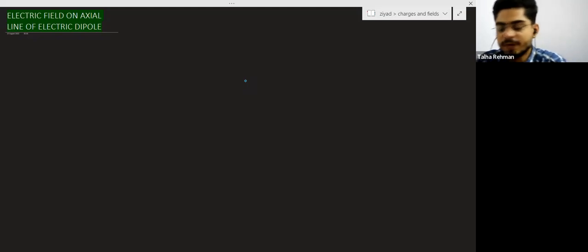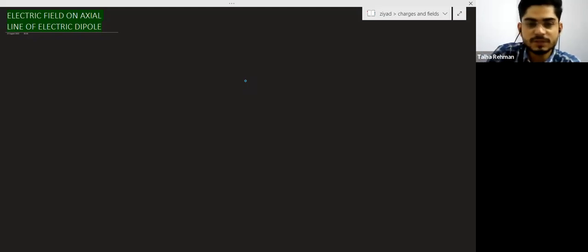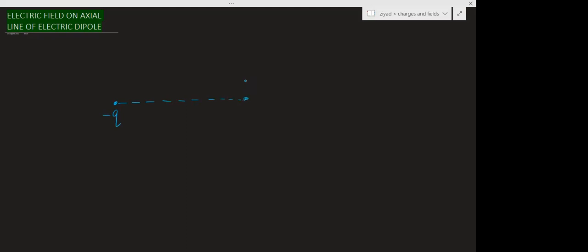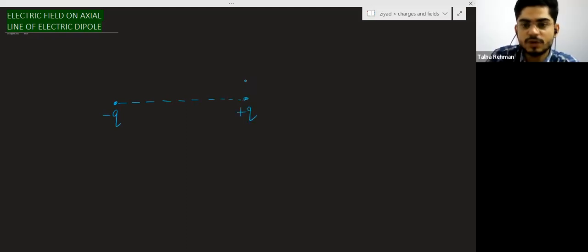So first we will take a dipole. Dipole is this. We have two equal and opposite charges, and suppose this is the center. Suppose this distance is A and this distance is A, and this is position 1 and this is position 2.